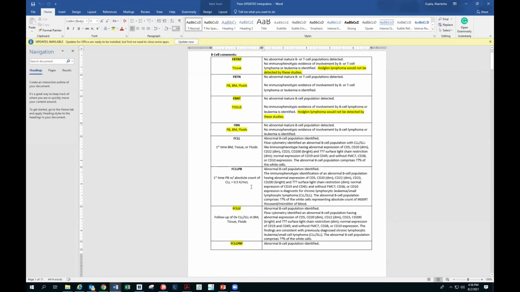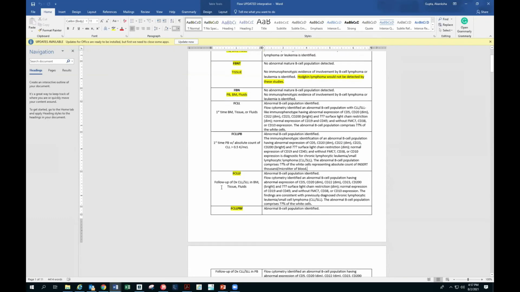If there is a peripheral blood, and if they know that there is a CLL absolute count of more than 0.5, then they would mention that this expression is diagnostic of CLL SLL. That's what they would add in there. If there is a follow-up case of CLL SLL, then they would add the line that it is consistent with the previously diagnosed CLL.